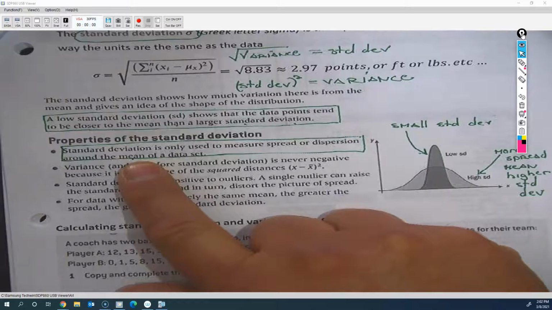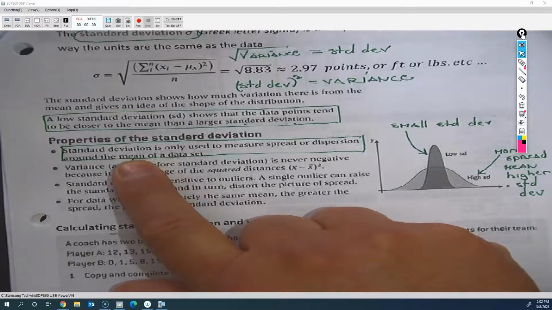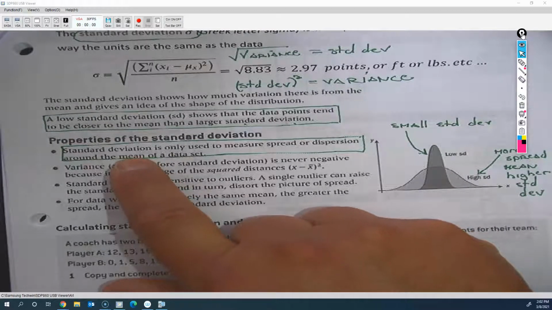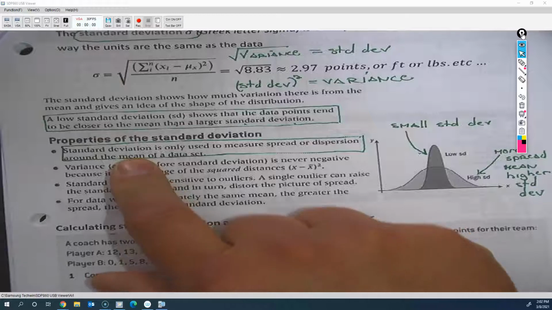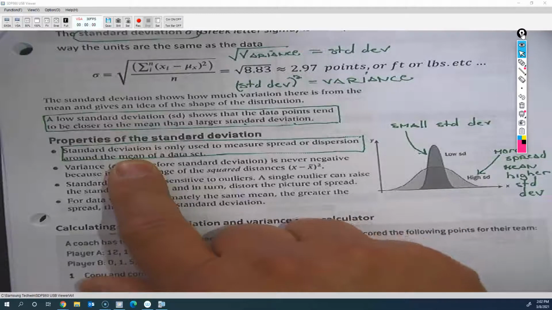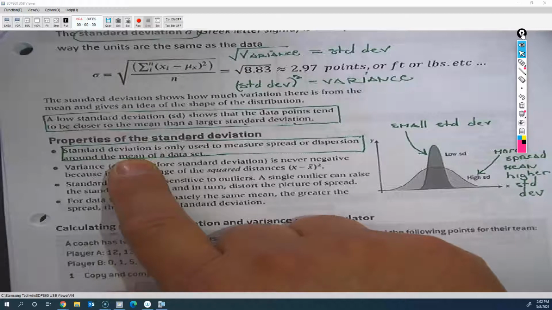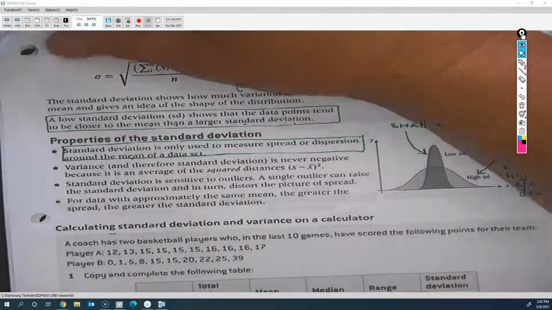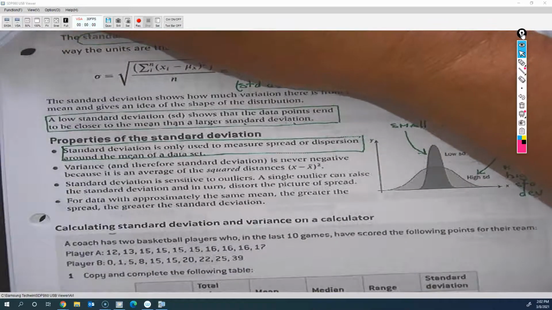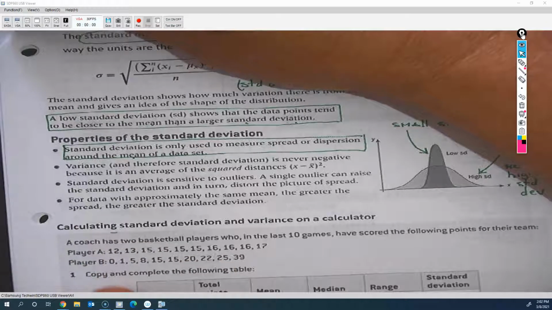So, IQR is the spread around the median. Standard deviation is the spread around the mean. So IQR compares the data to the median. Standard deviation compares the data to the average.